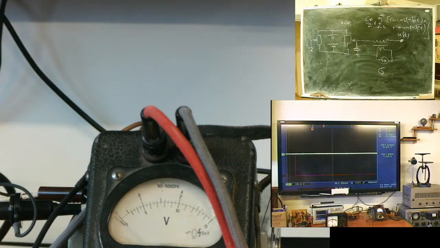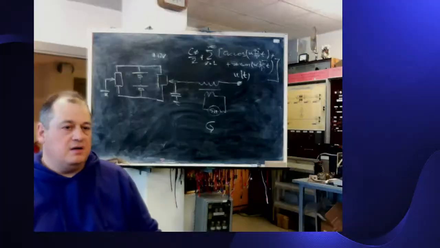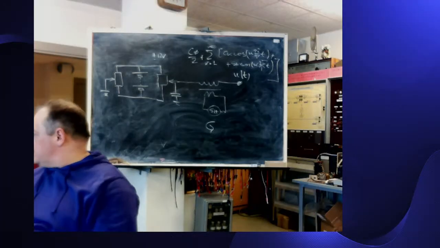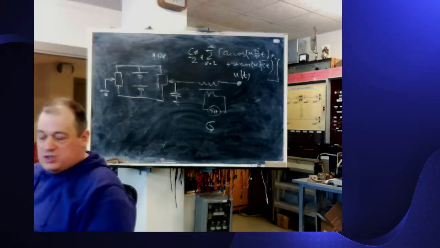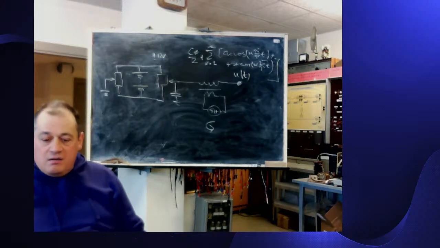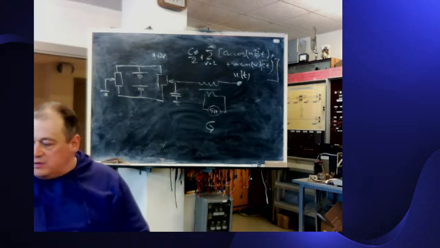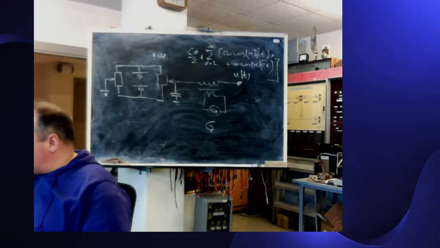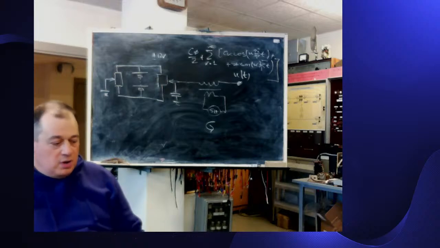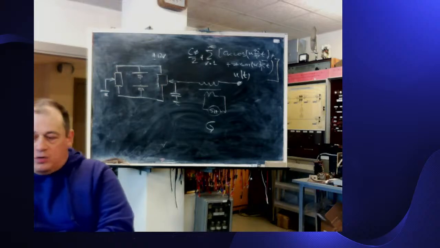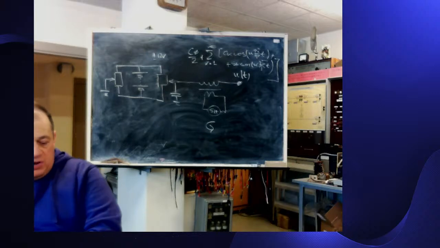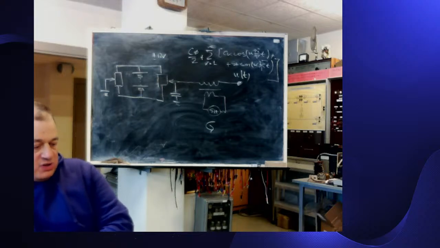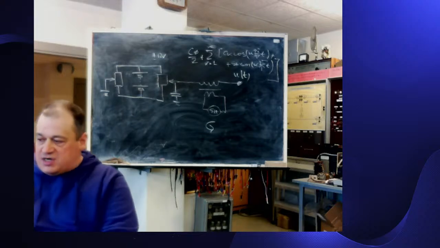So, what kind of conclusion can we make? We saw different kinds of measuring instruments, and only part of them showed us the truth. Moving coil shows average. Moving iron shows RMS but is tied to the network and has a limited frequency range.